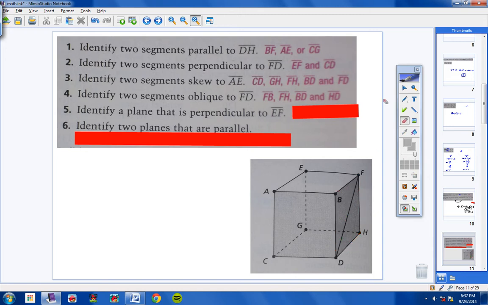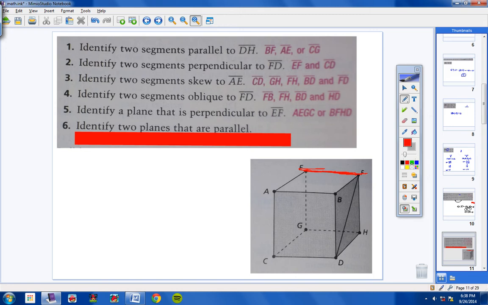Number 5, identify a plane that's perpendicular to EF. Plane perpendicular to EF. All right, here's EF. And what plane will be perpendicular to that line? Well, let's take a look here. Okay, here's the line right here, okay? Now we're looking for planes that are perpendicular to that line.